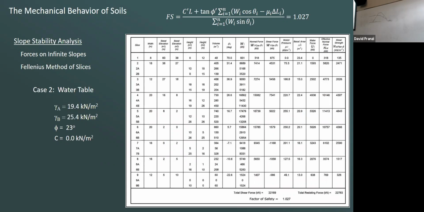And we have to subtract off the water pressure term from the normal to get the effective normal stress. And we end up dropping our factor of safety now to 1.027. So putting water in this has severely decreased our factor of safety.